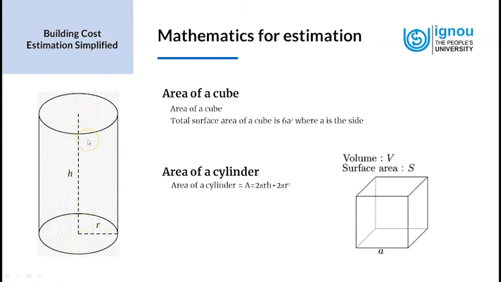So it actually becomes a rectangle with the side h and the other side as 2 pi r. So the area of the surface becomes 2 pi r h, and when we add the circular parts at the top and the bottom, it becomes 2 pi r square. So the sum of it becomes the total area of a cylinder, which is 2 pi r h plus 2 pi r square.